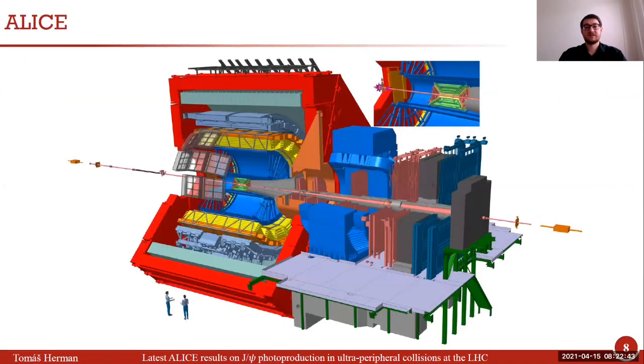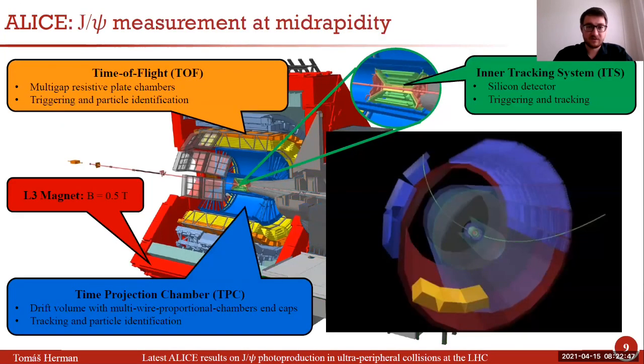So in ALICE, the detectors are located in two main groups. That is the central barrel. Here, going through from the interaction point, we have the inner tracking system, which is a silicon detector used for triggering and tracking. Then we have the time projection chamber, which is a slower detector used for tracking and particle identification.